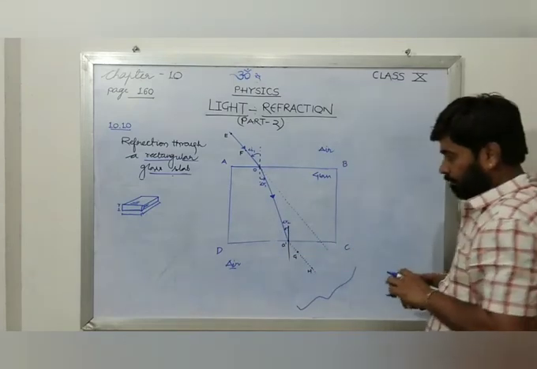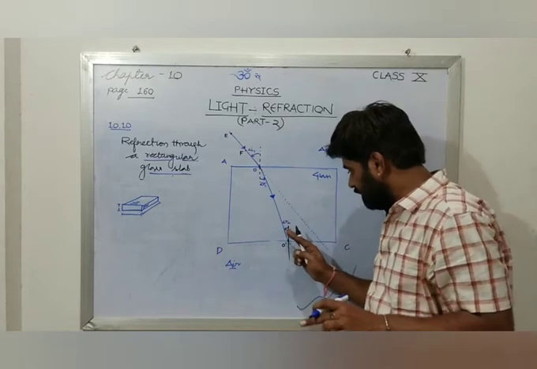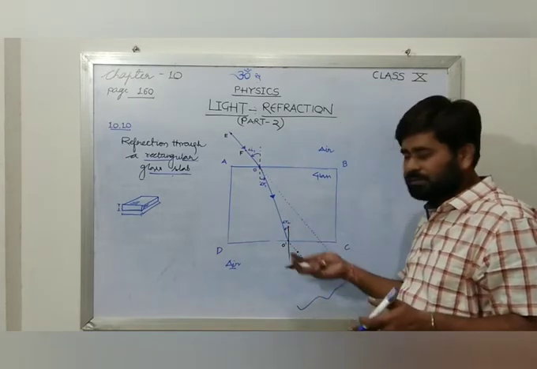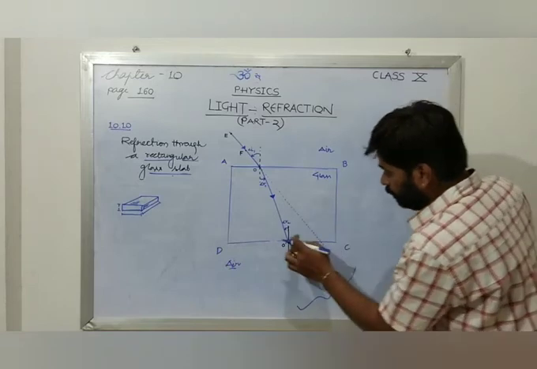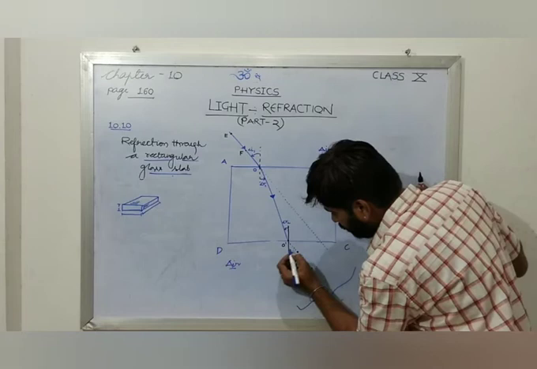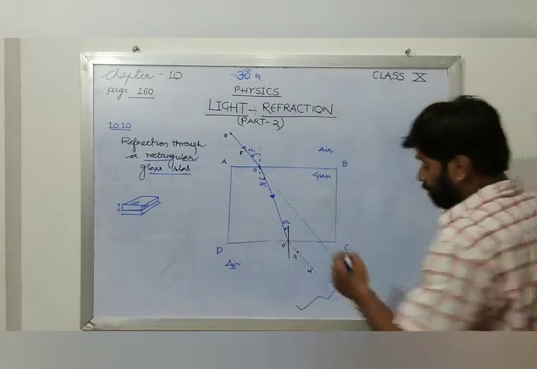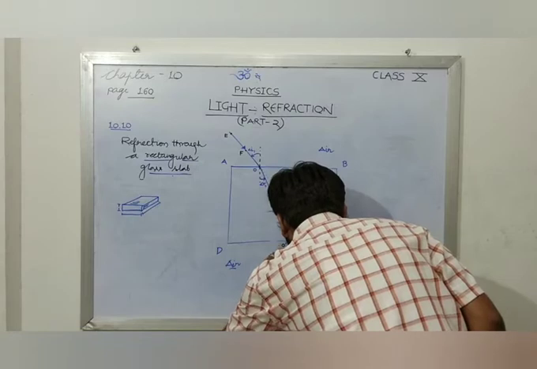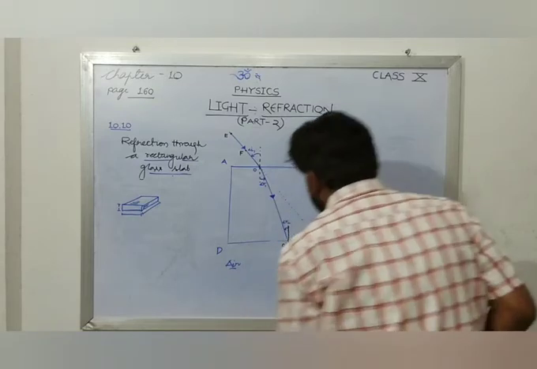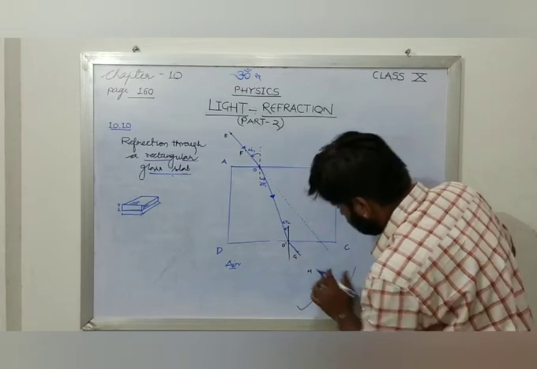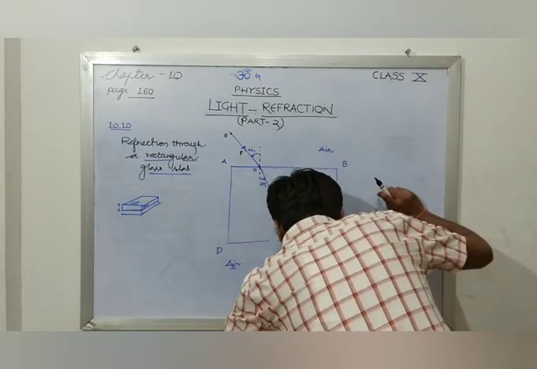Now once we put G and H, we are confirmed with the final ray, which is known as the refracted ray and is also known as the emergent ray.